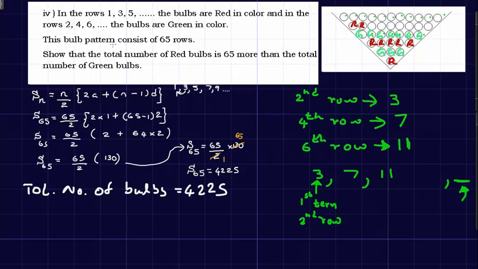It has been told to us this bulb pattern consists of 65 rows. So what's the even number that comes immediately before 65? That is 64. So what's the last even numbered row? It's the 64th row.